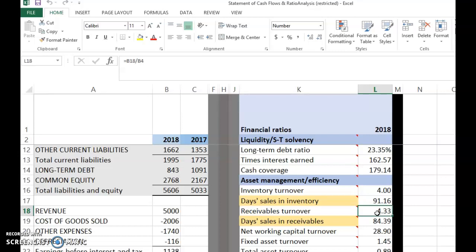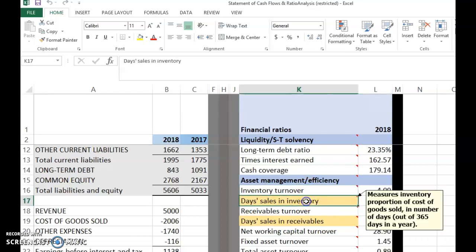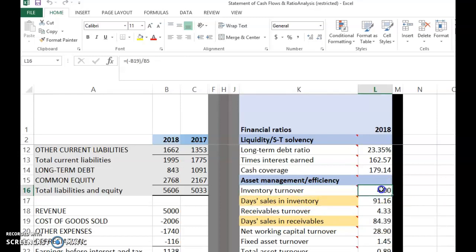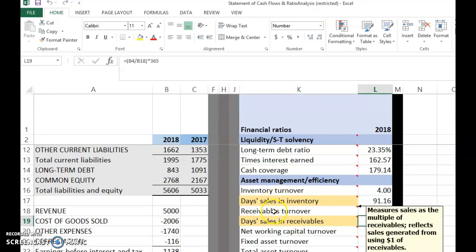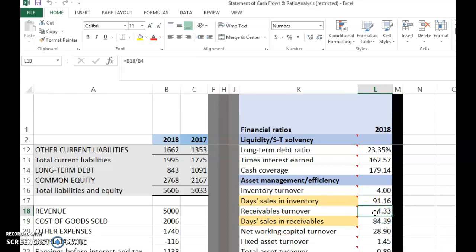There are no two ways about this. That is the relationship between the two. And as I mentioned earlier with inventory turnover and day sales in inventory, even though the measure is different, they reflect the same information. Likewise, receivable turnover and day sales in receivables look different, but they convey the same meaning, same interpretation, same information. Is that okay?